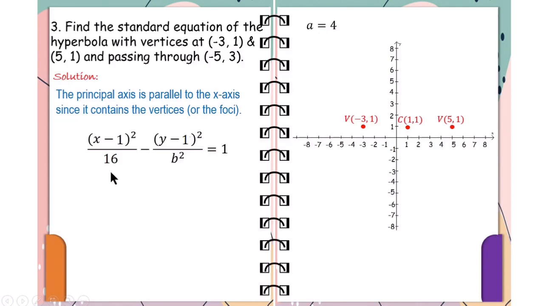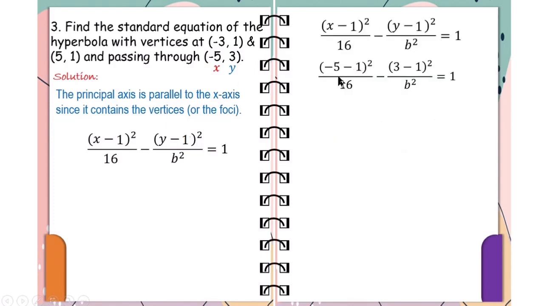Now the problem is, we don't have b. However, we have a given point, (-5, 3). This means we can replace these values into the equation where x is equal to -5 and y is 3. So we replace x with -5 and y with 3.